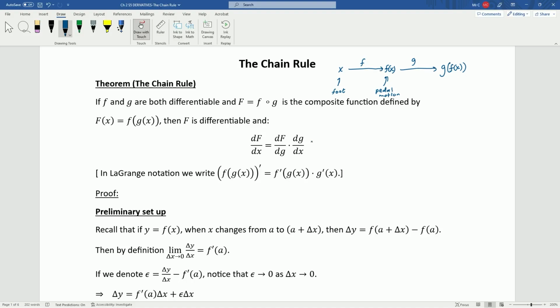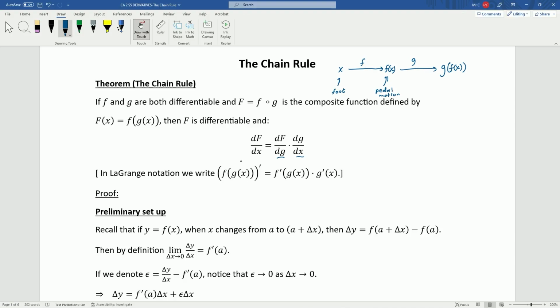So this is why I discussed earlier that prime notation becomes a little bit of a problem once we deal with the chain rule. Notice that this chain rule says that the derivative of the outer function is taken while treating g as the variable, and then you're multiplying it by the derivative of whatever that g is, taking x as the variable.